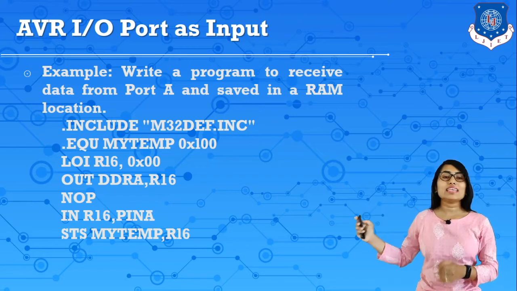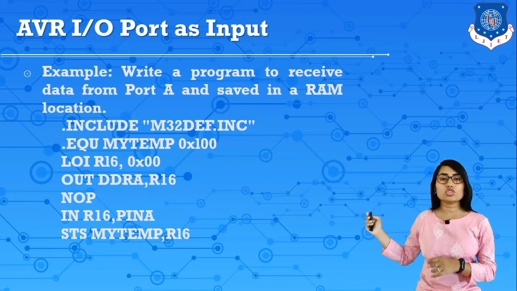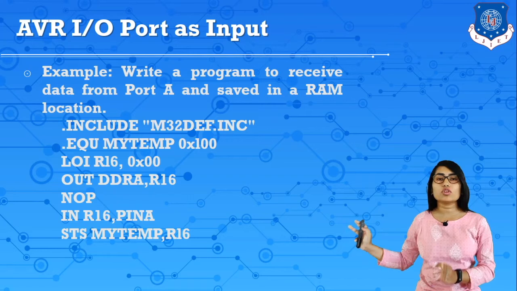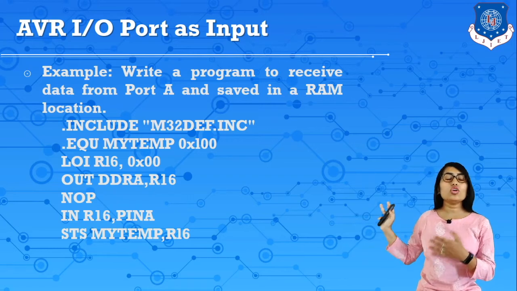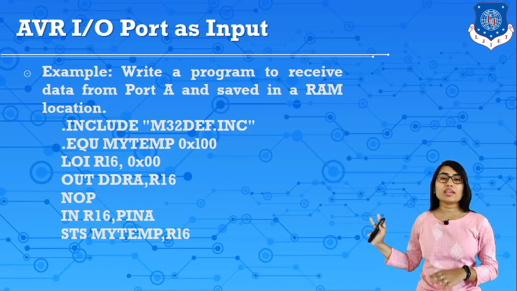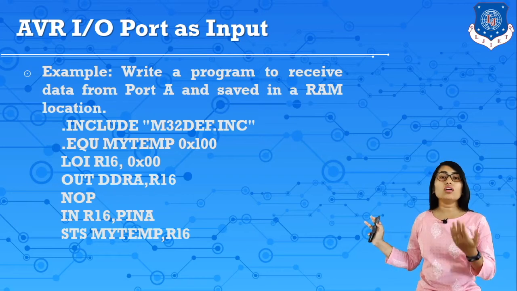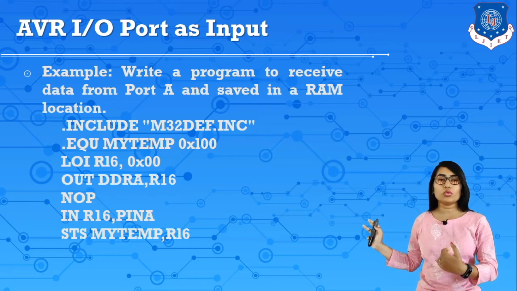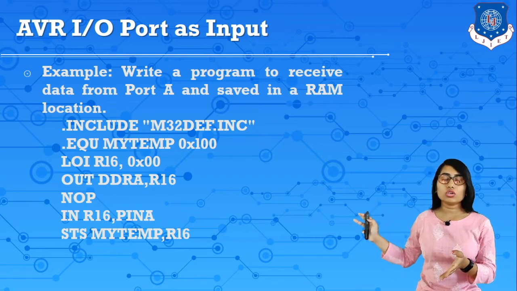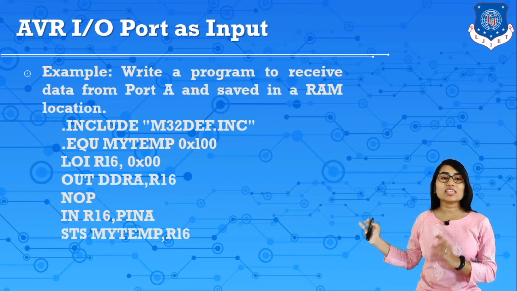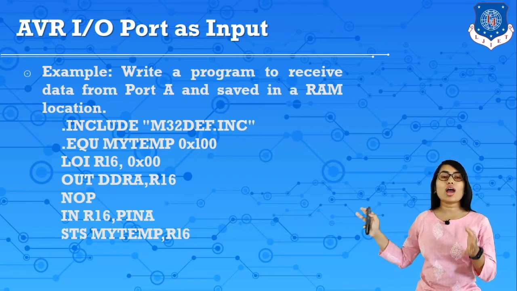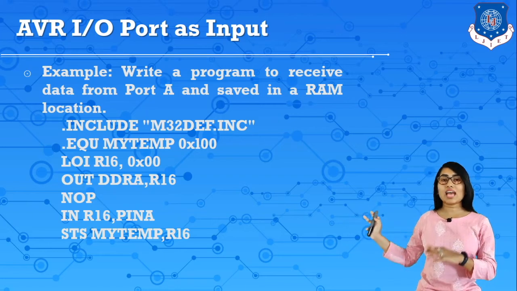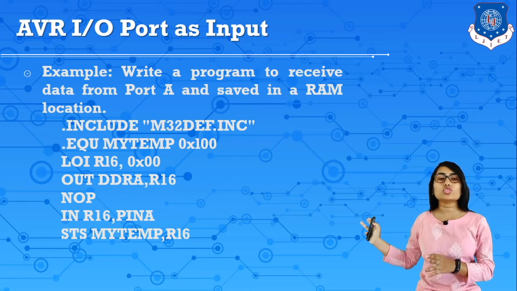Now LDI R16, 0x00, that means R16 equals 00, all bits are 0. This is used because we want to assign the port as an input, since we want to receive data from port A. Now R16 is output to DDRA, so OUT DDRA, R16, that means DDRA equals 00, so port A equals input.